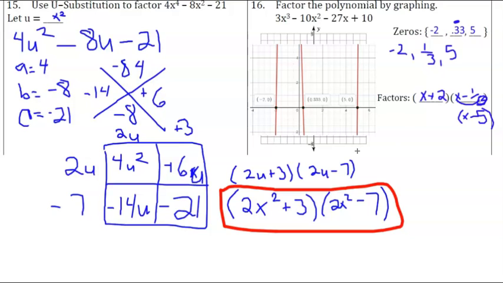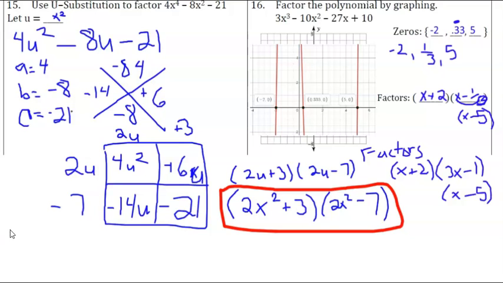So our factored form is x plus 2 times 3x minus 1 times x minus 5. Has 3 distinct factors there. And that would be our answer.